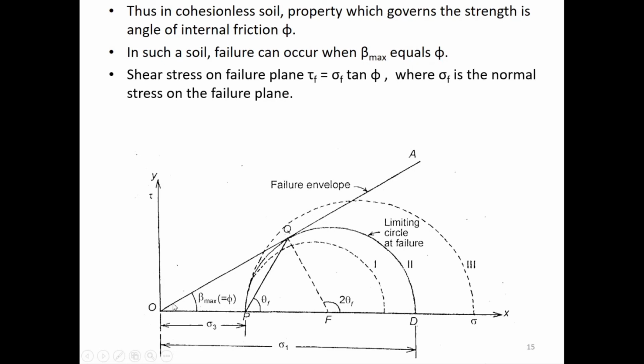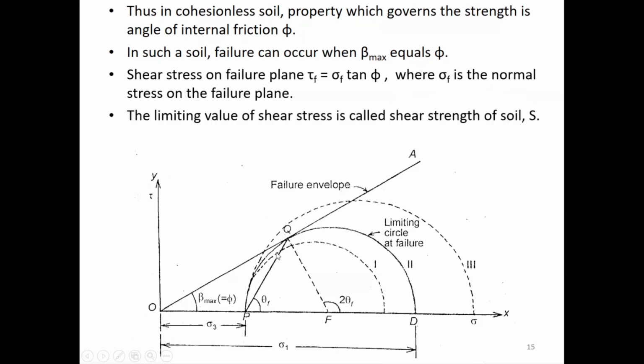Multiply it with that particular angle phi, I will find out my tau a. Then another point sigma b, tau b, sigma c, tau c, sigma d, tau d, sigma e, tau e, right? So if I join all those points, I'll get the same line, correct?